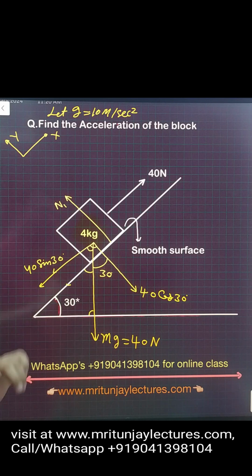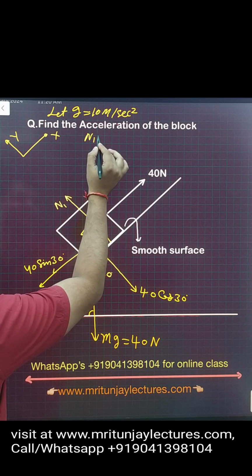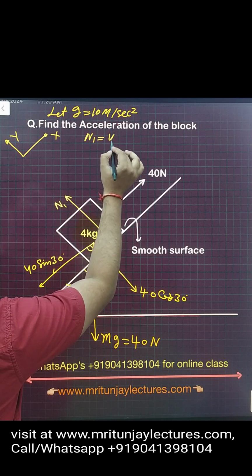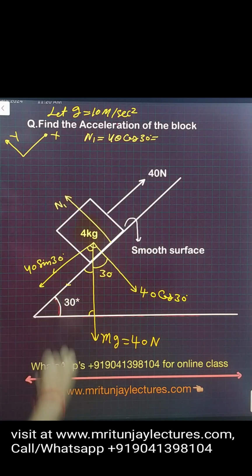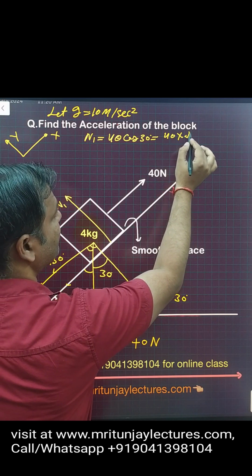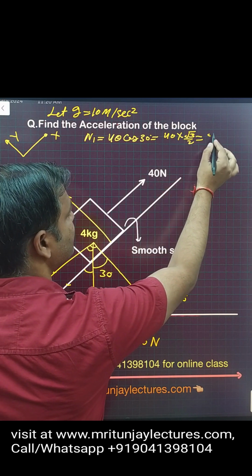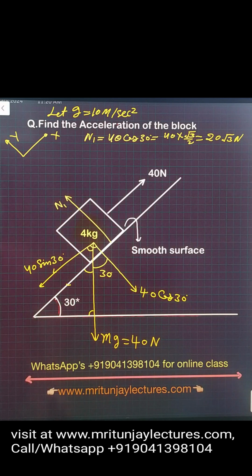So N1 is equal to 40 cos 30 degrees, and cos 30 is root 3 by 2. So 40 into root 3 by 2 is 20 root 3 Newton. This is the normal force by the inclined plane on the 4 kg block.